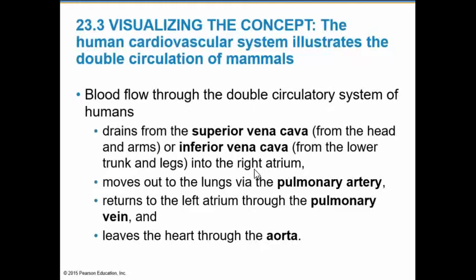Then it's pushed out into the aorta, which is the major artery of the body. Essentially, the heart is two pumps. The right side propels blood through the pulmonary circulation. The left side propels blood through the systemic circuit. The left ventricle is actually larger and has a thicker muscular wall than the right ventricle.